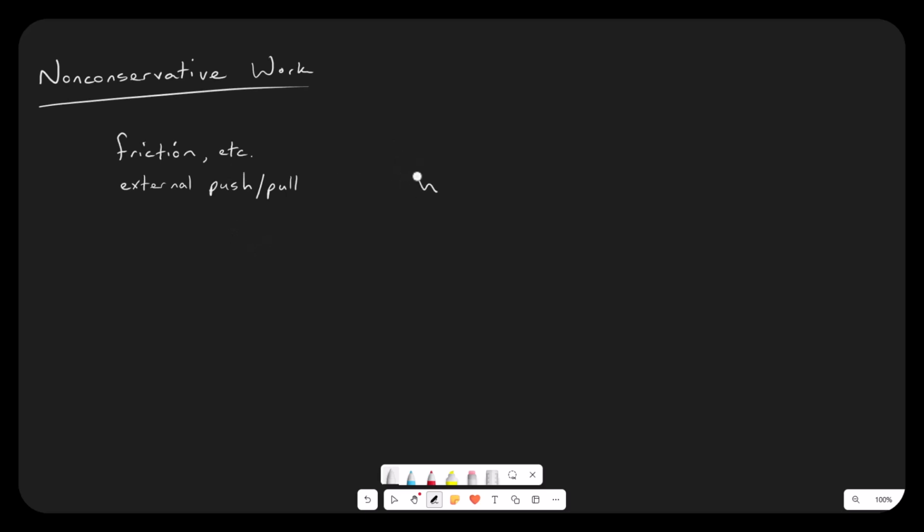So first, work. Work gets a capital letter W, and work is going to be equal to a parallel force times a distance. Let me show you what I mean by that.